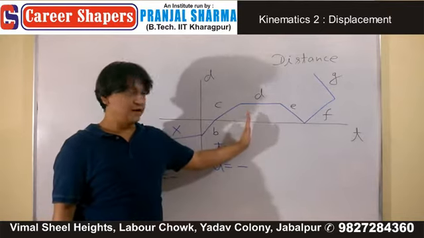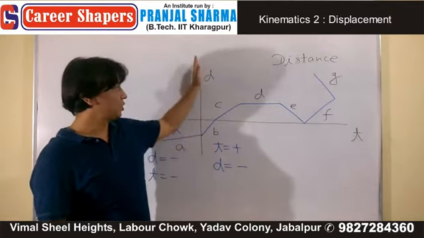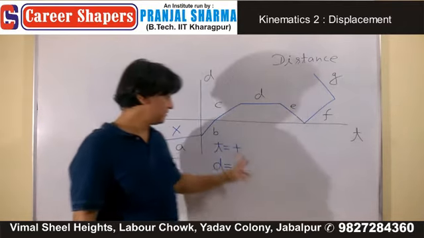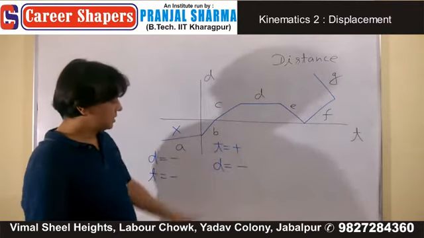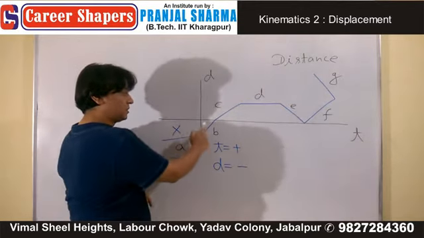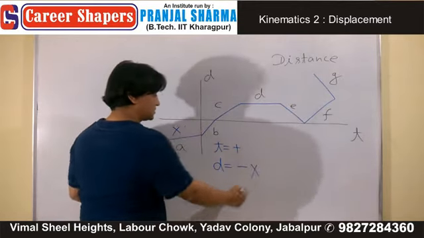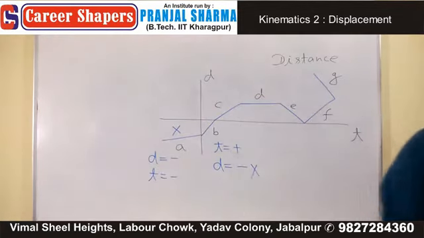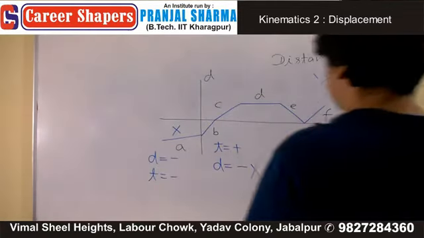You're on the right side of the vertical axis, and therefore your time is positive. But distance can never be negative, and therefore, because of this, your option B is not correct. This part is not possible.